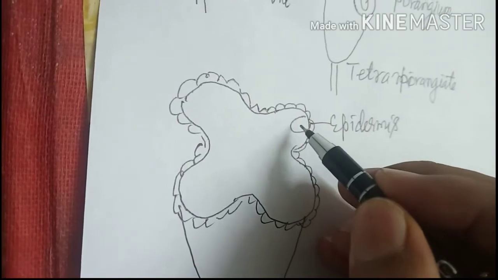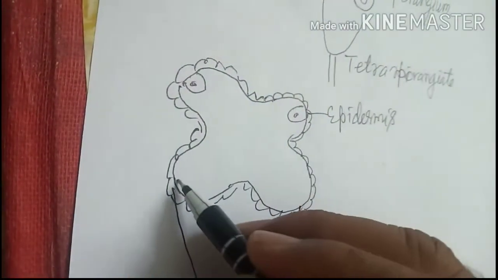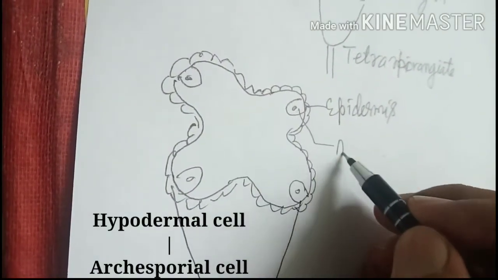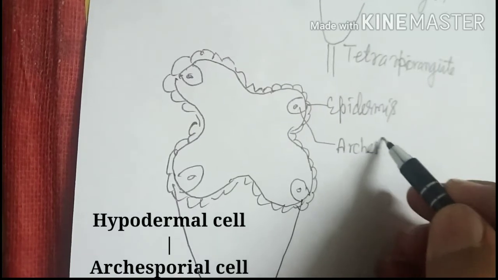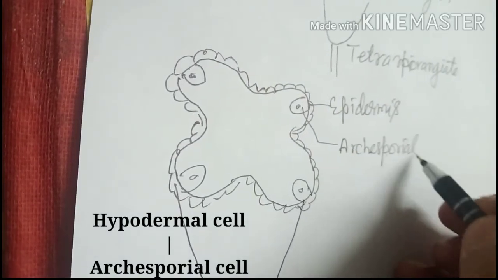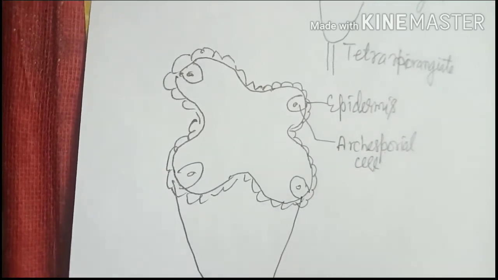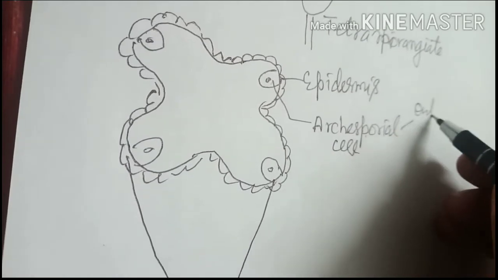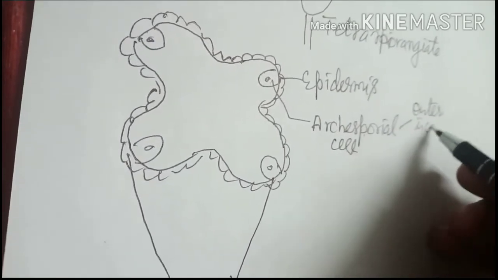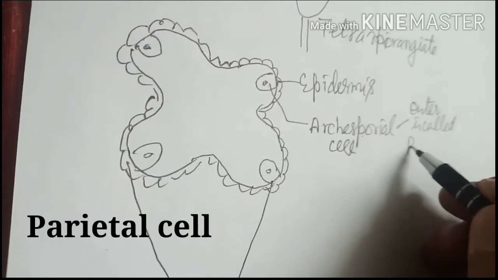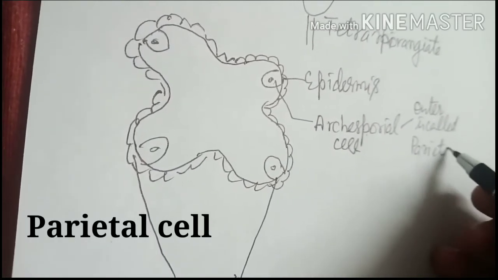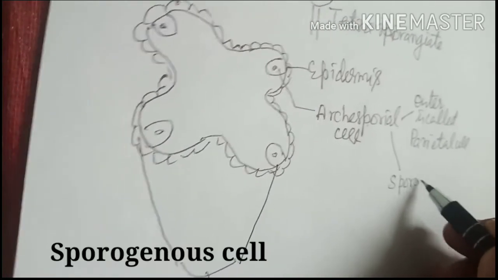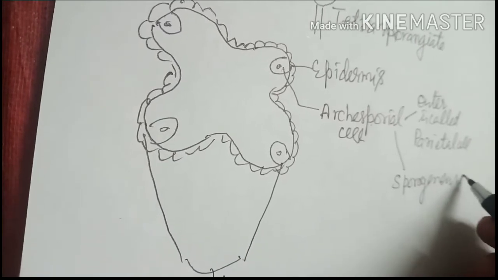Then there are hypodermal cells at each corner. These hypodermal cells get enlarged and are called archesporium, the archesporial cells. This archesporial cell gets split into two. The outer is called the parietal cell and the inner is called the sporogenous cell.